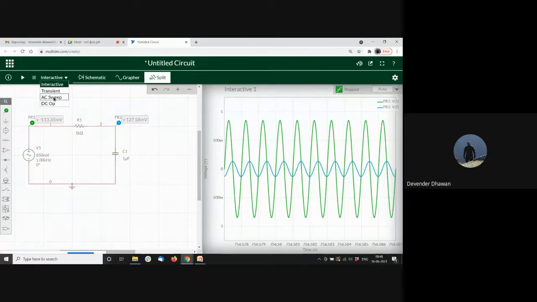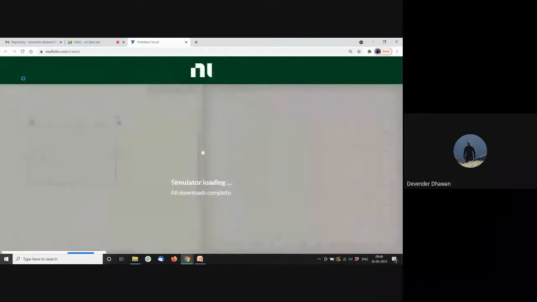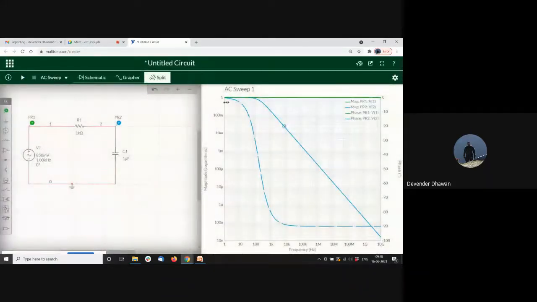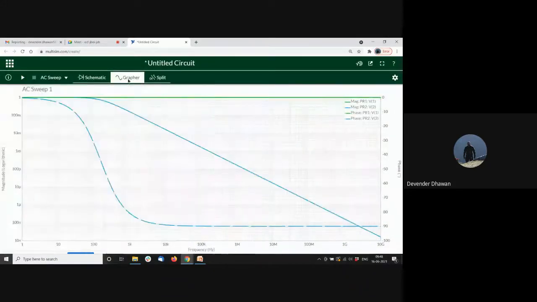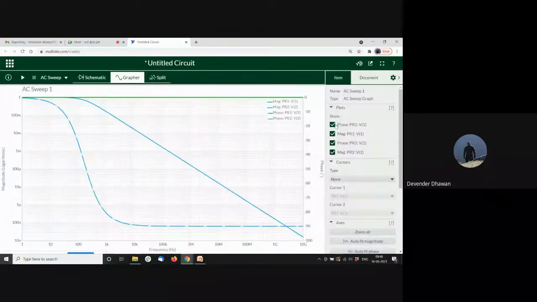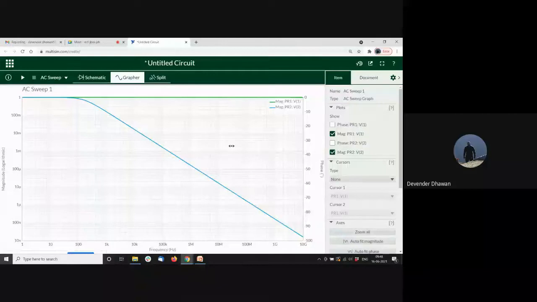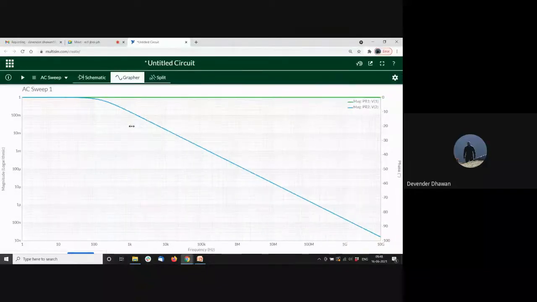So if I go under AC sweep, what will happen if I run it now? It will not show me this graph. It will show me this graph. Let me make it a bit bigger, and we don't need phase. So here it is. You see the green one was our input signal, which remains at 1 volt.